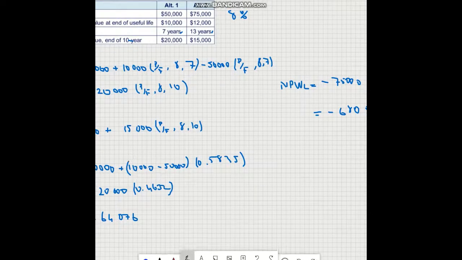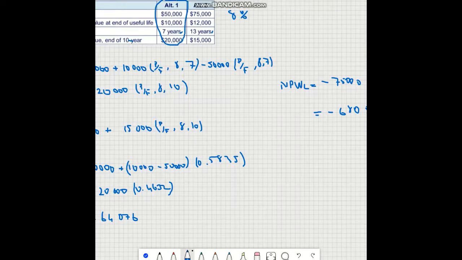So even though I'm gonna pay 2 times for the machine or product, alternative 1 is, as we see, the better option under the 10-year permanent terminal value and 8% interest rate criteria.